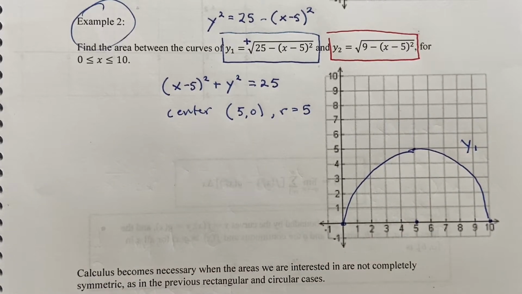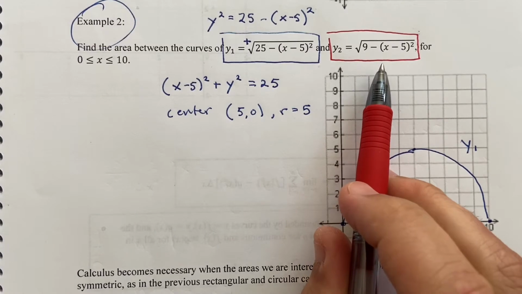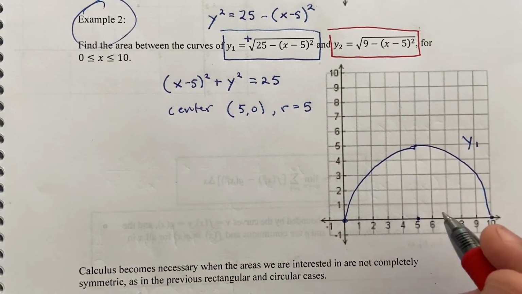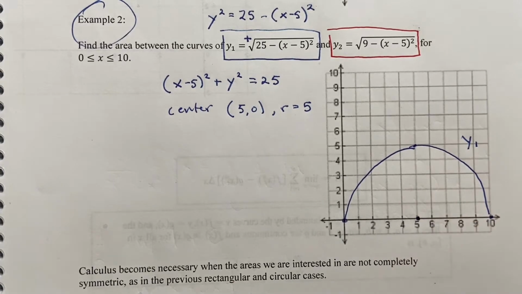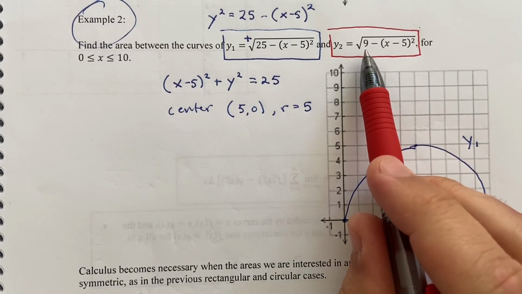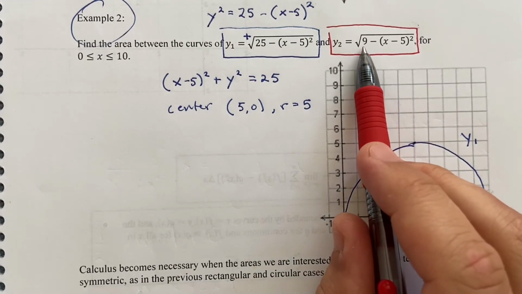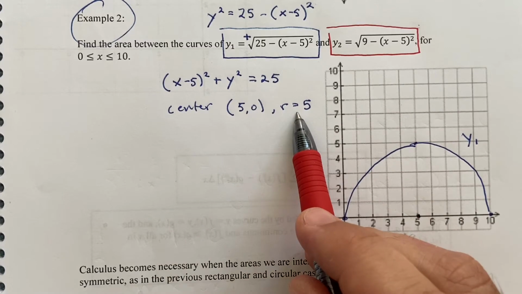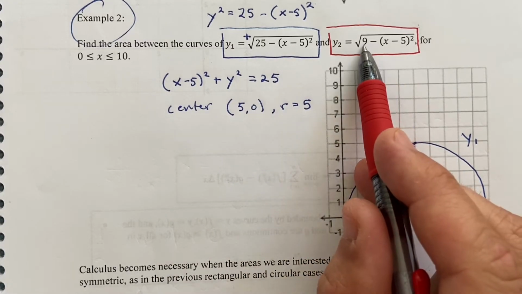And then for the one in red, similar stuff is happening. If you imagine rearranging, I'm still going to have the center at (5, 0), so they actually are concentric semicircles. They share the same center. But this one will have a radius of 3. We got 25 leading to a radius of 5, and the square root of 9 is 3.